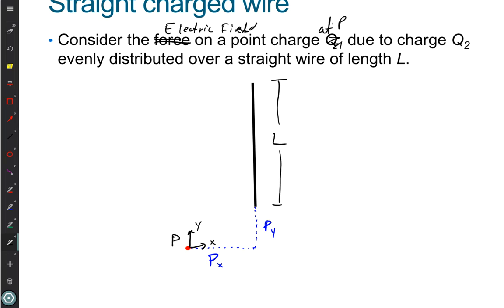Over a line, so it's one-dimensional. If you look at your instructions, it tells you to identify the piece of charge. So I put my little capsule here. The charge dq is contained within that capsule.